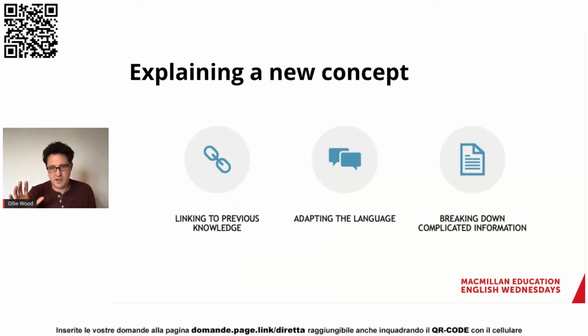I think this is fairly straightforward to understand. However, explaining new concepts is not something that our students are going to do very often, at least not in school. Later in life, though, this will become very important, especially if they work in a multilingual environment.